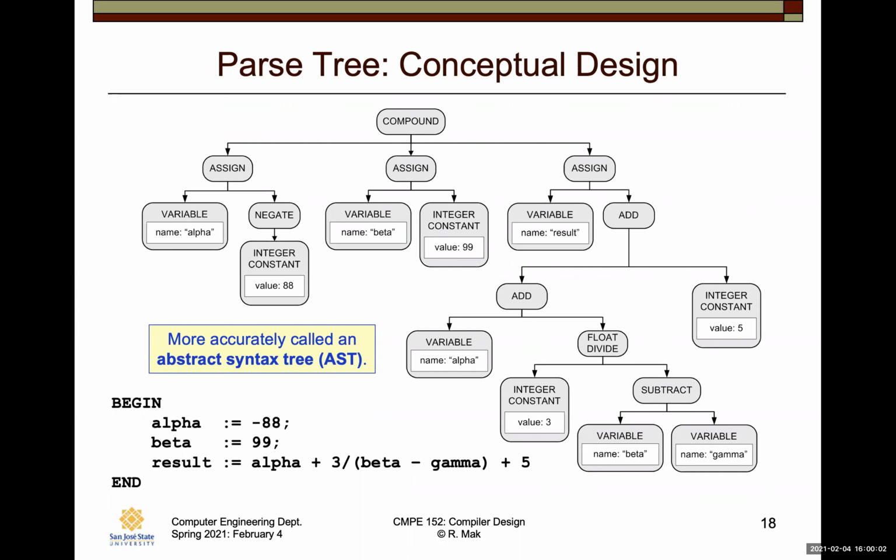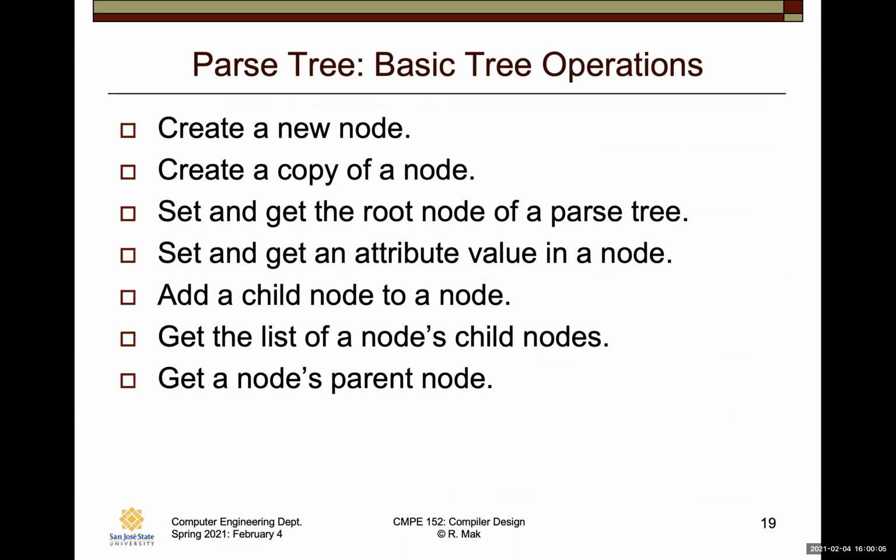You've all taken the data structures class, so you know what a tree data structure is, and there are various operations that you want to be able to do with this tree. Create a new node. Sometimes you may want to create a copy of a node. You want to get and set the root of a parse tree.